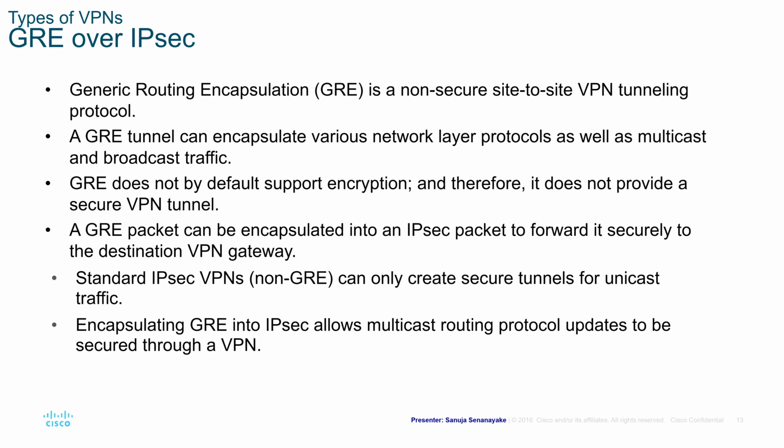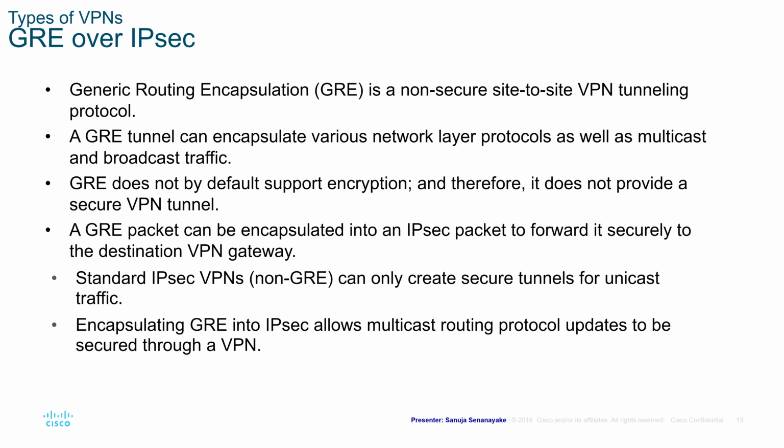A GRE tunnel can encapsulate various network layer protocols as well as multicast and broadcast traffic. GRE does not by default support encryption, and therefore it does not provide a secure VPN tunnel. A GRE packet can be encapsulated into an IPsec packet to forward it securely to the destination VPN gateway.